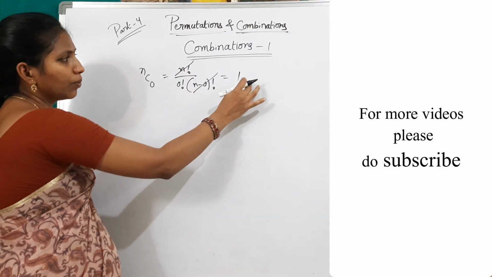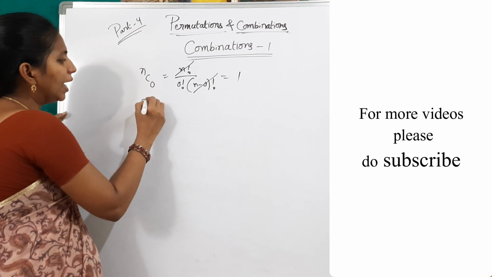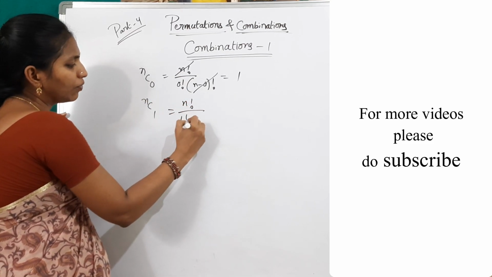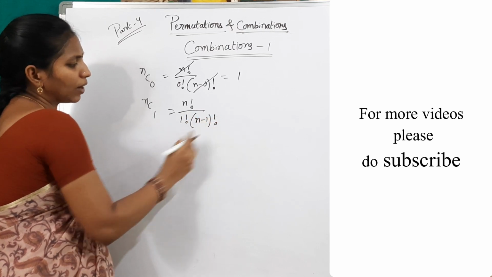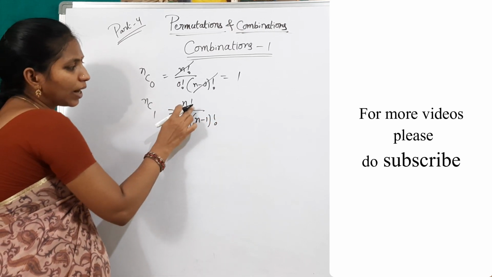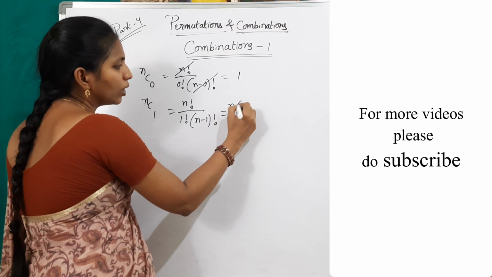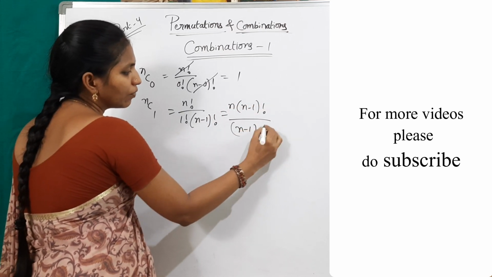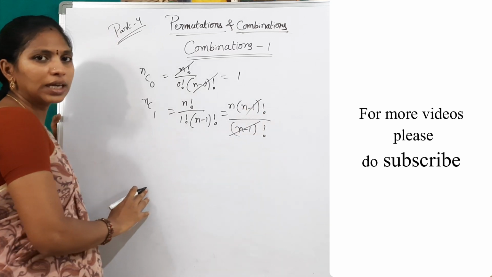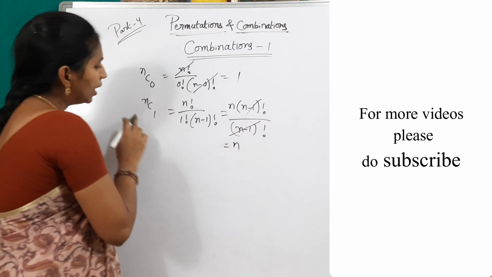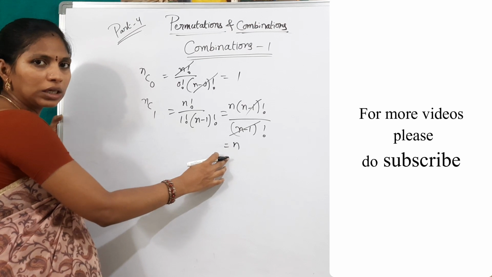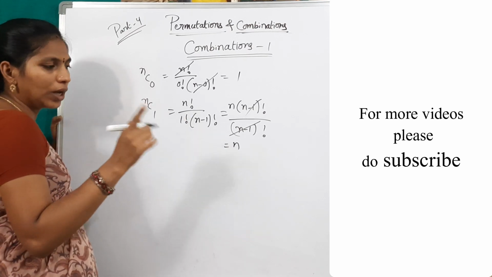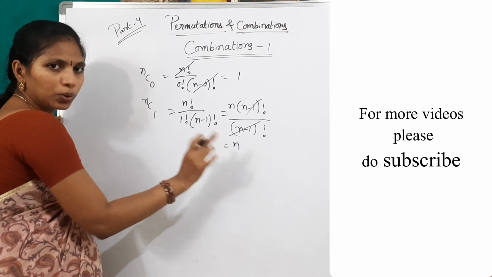NC0 is equal to 1, and NC1 is equal to n factorial by 1 factorial into n minus 1 factorial. We can write n factorial like n into n minus 1 factorial, by n minus 1 factorial. Both are cancelled. So n. Here NC1 is equal to n.